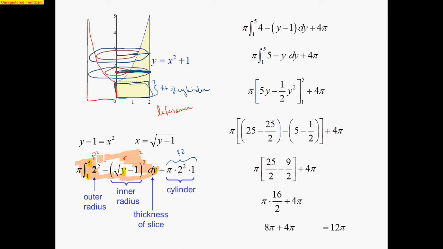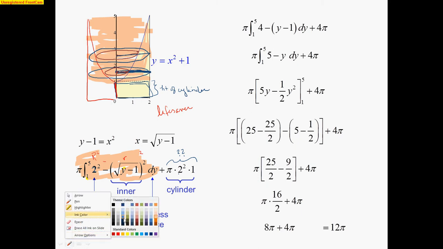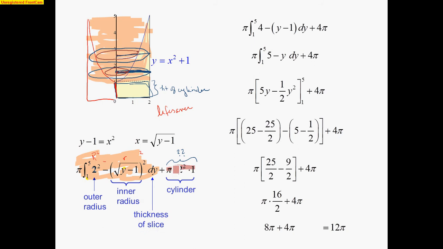All this part here was the lifesavers, which was all this part from 1 to 5. And then this part, which you had to recognize was the cylinder.